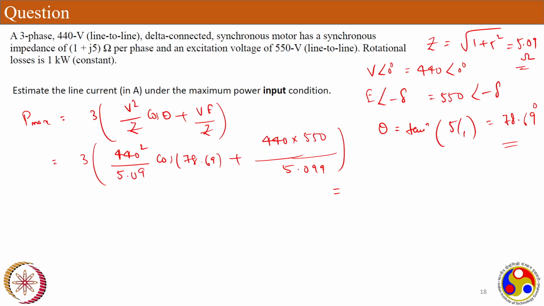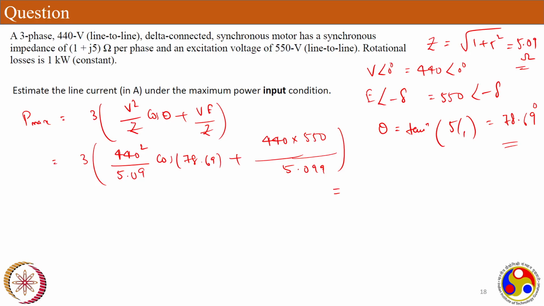440 square divided by 5.099 multiplied by cos 78.69, plus 440 multiplied by 550 divided by 5.099.